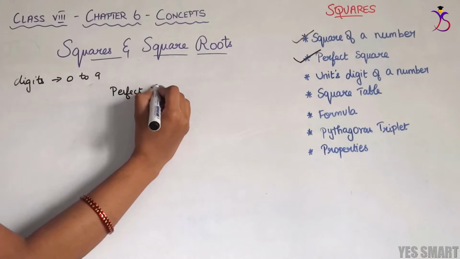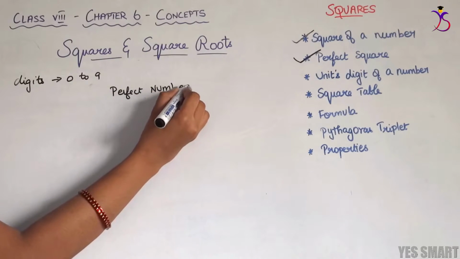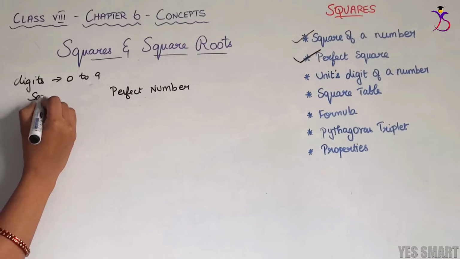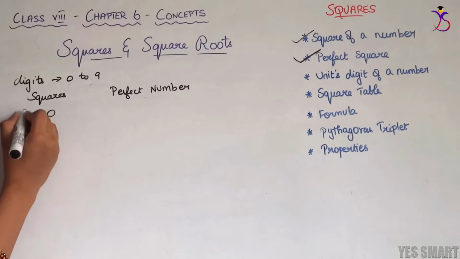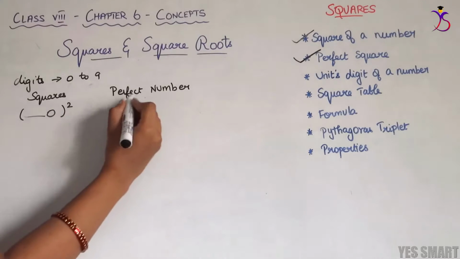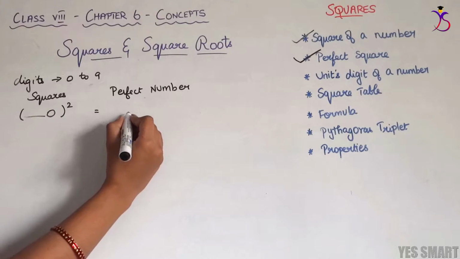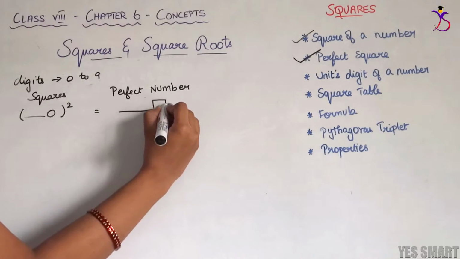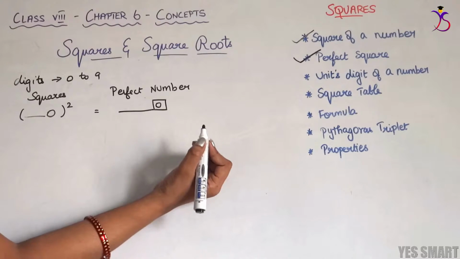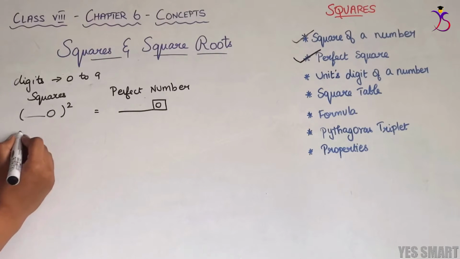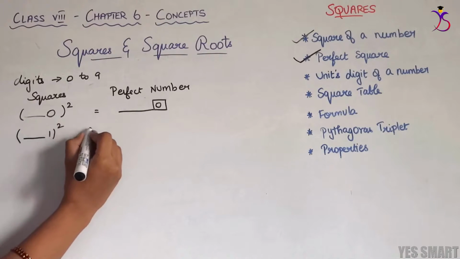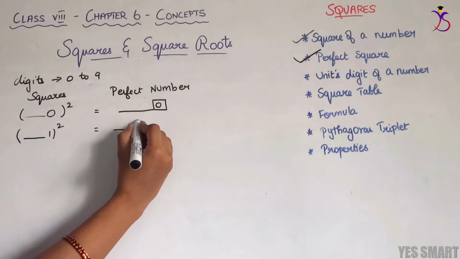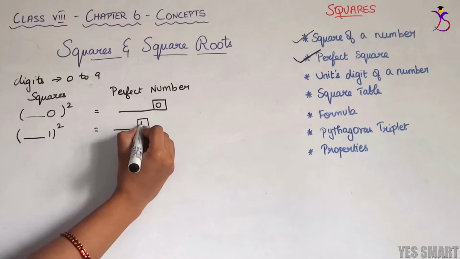Considering a number that is ending with 0, if we square that number, then the perfect square number has the unit digit as 0. Similarly, when we square a number ending with 1, the answer will have the unit digit as 1.